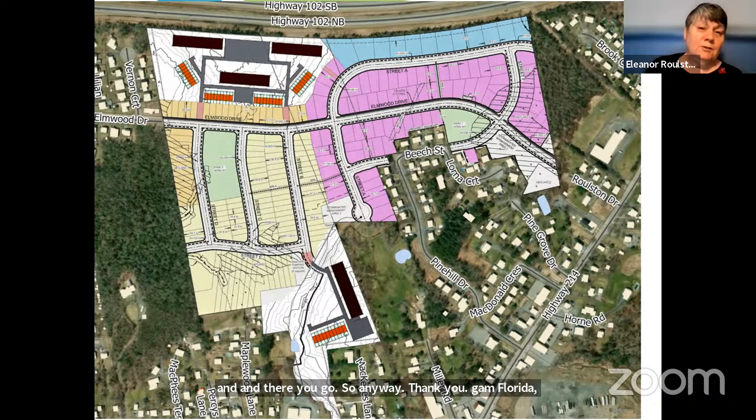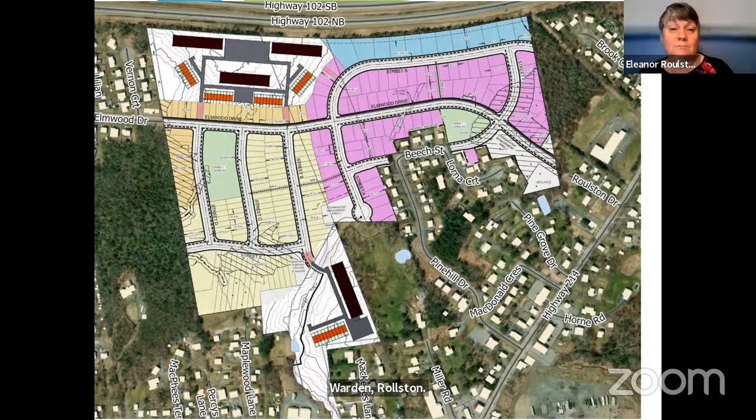Warden Rolston. Agree with Councilor Rhino. Kudos to the developer for making the changes that they have made, but for me, they don't go far enough. I just can't get past those tiny little road frontage lots.